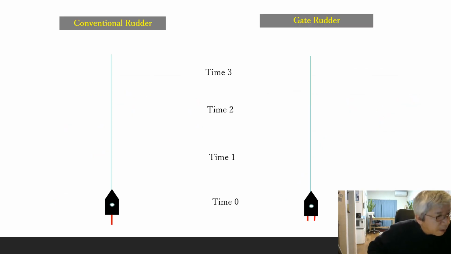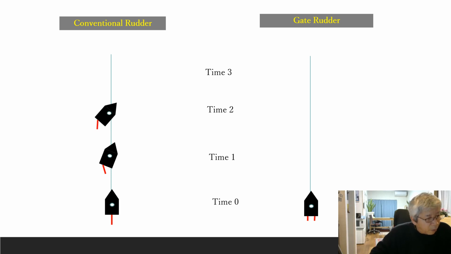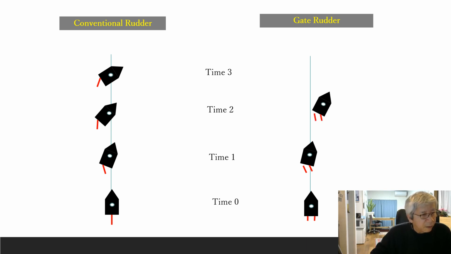I can show the difference of the trajectory of the two vessels. One is the conventional rudder case. As I mentioned, the ship is going straight, changing the heading direction like this. So this is a normal rudder case. How about our Gate Rudder case? It's different. The heading is not so largely different, but the course and heading are almost similar.